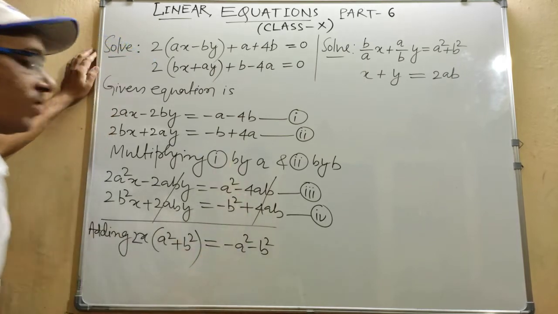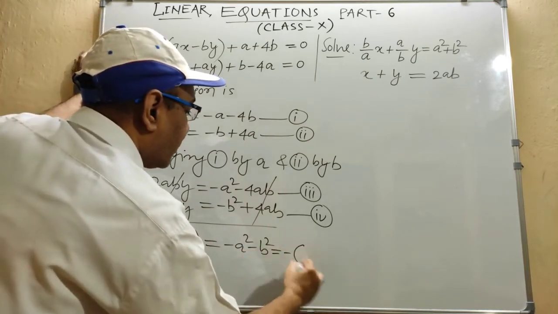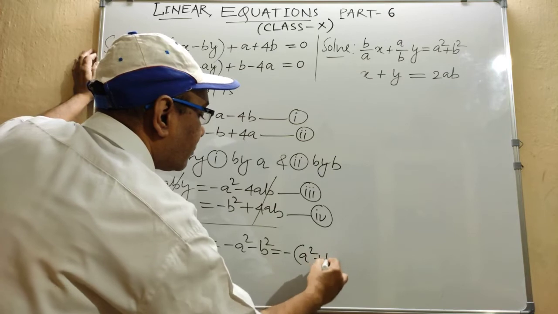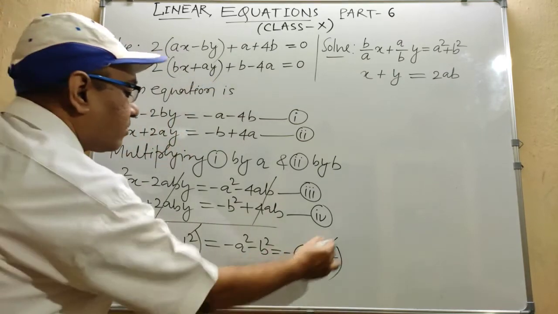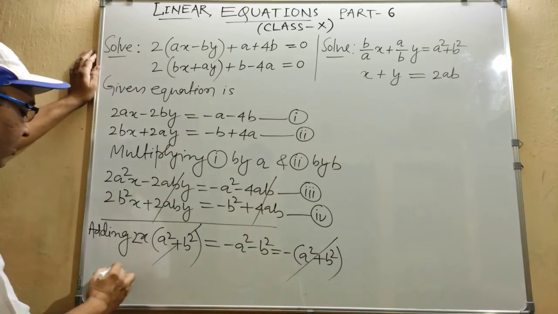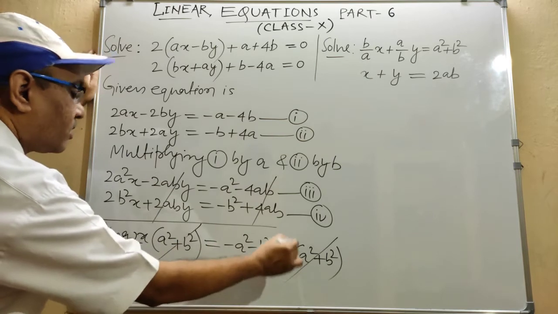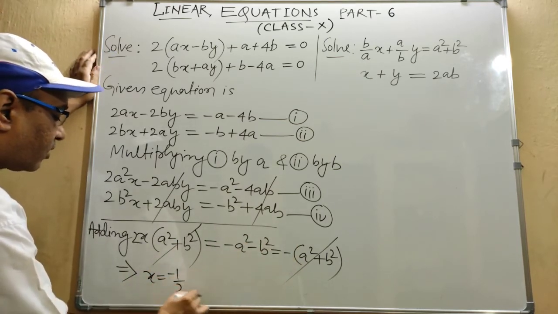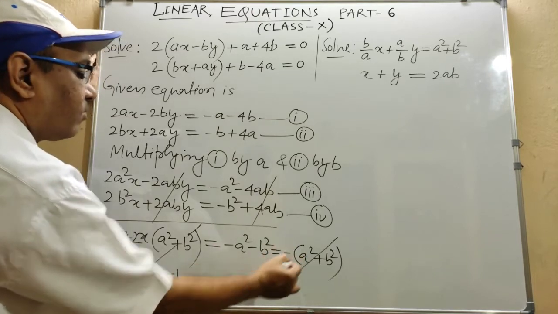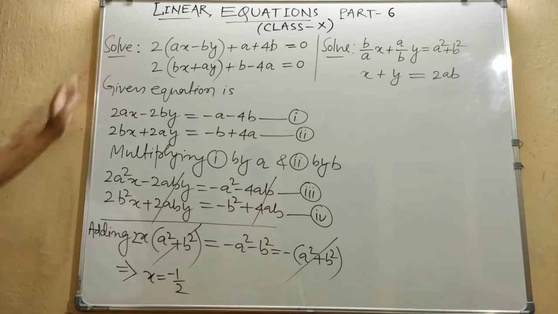You are adding, so the sign will not change, and minus can be taken as common, then it becomes a square plus b square within the bracket. Now this bracket can be cancelled, so we get 2x equal to minus 1. So x equal to minus 1 by 2.